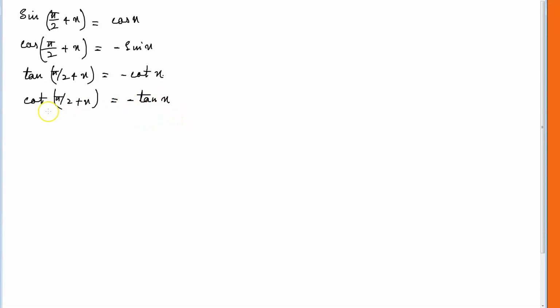And we said that the secant of pi by 2 plus x is equal to negative cosecant x. And we said that the cosecant of pi by 2 plus x is equal to secant x. Right? So that is one part here.